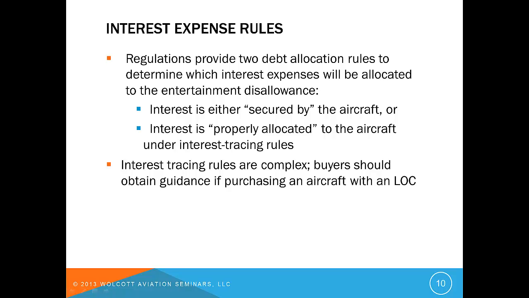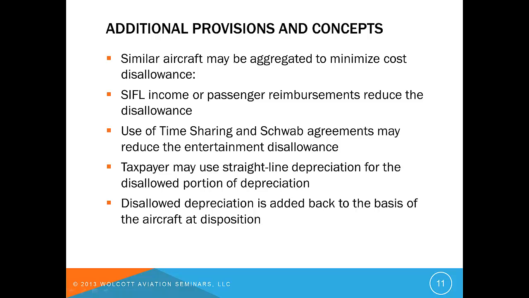The first definition relates to a loan that is specifically directed towards financing the aircraft and where the aircraft is collateralized by the loan. Interest that is properly allocated to an aircraft under the interest tracing rules could be interest that is from a line of credit. Interest tracing rules are complex, and buyers should obtain guidance if purchasing an aircraft with a line of credit.